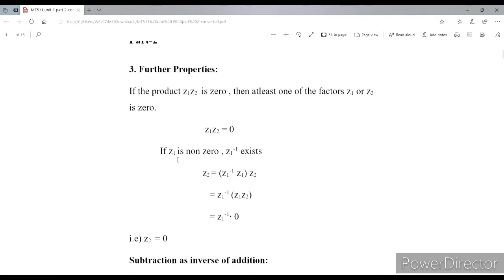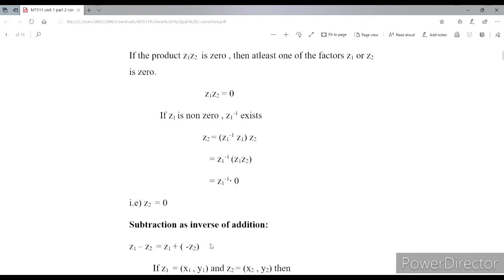We have taken Z1 non-zero, but we have arrived that Z2 is 0. Similarly, if you consider Z2 as non-zero, we will get Z1 as 0. Therefore, if the product is 0, then at least one of the factors should be 0. We can define subtraction as inverse of addition.